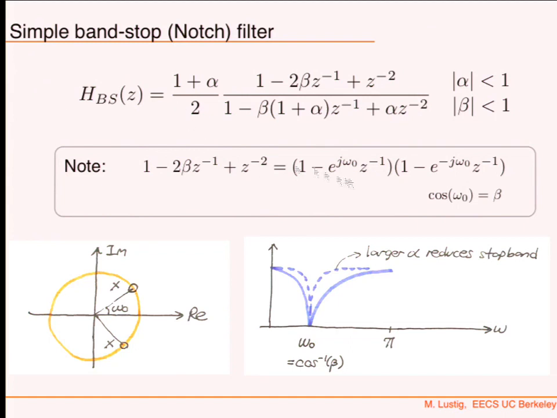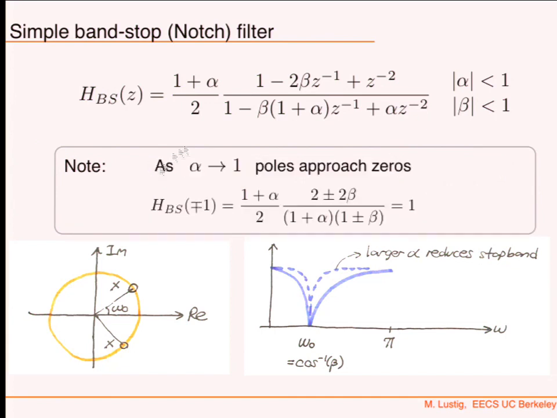And then you can see that this is actually true because, if you look at the bandstop filter at plus minus 1, as alpha goes to 1, the poles approach the zeros, get as close as possible to the zeros.